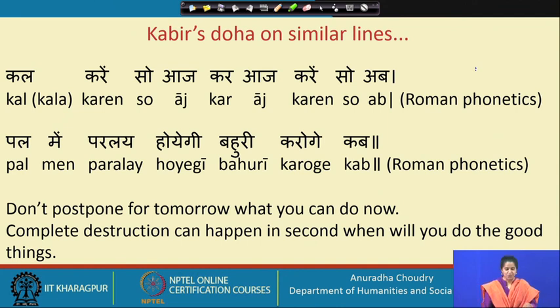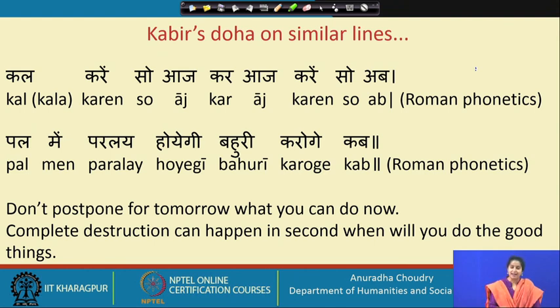All right. I've given you this Doha for two reasons. One is that it reiterates what the previous Subhashitam was saying, and therefore it has a very powerful message that can allow you to think of what are the things that need to be done.